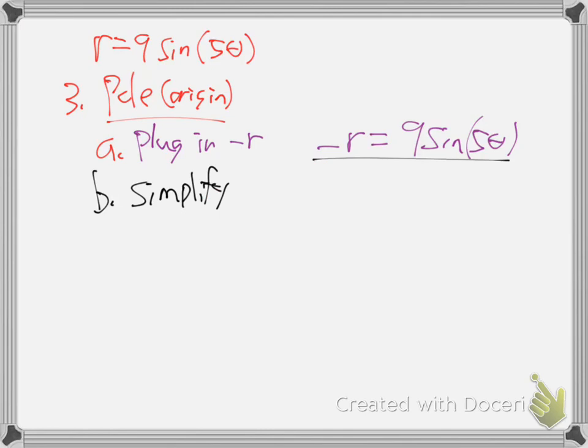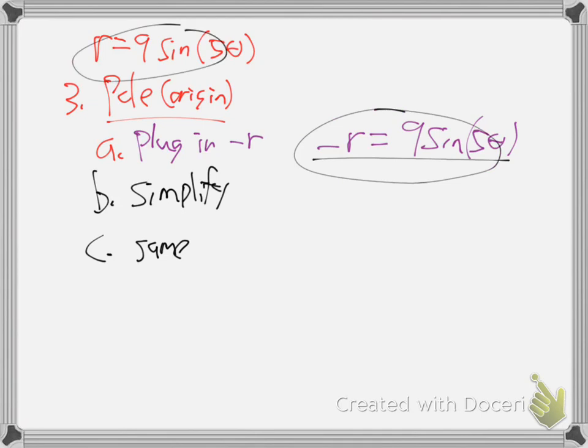How do you simplify that? There's nothing you can do. There's no negatives in there with the theta in the sine that I can take out. And there's just one negative, not two negatives, so I can't get rid of the negatives. So, is it the same? No, it's not the same, which means it's a maybe.